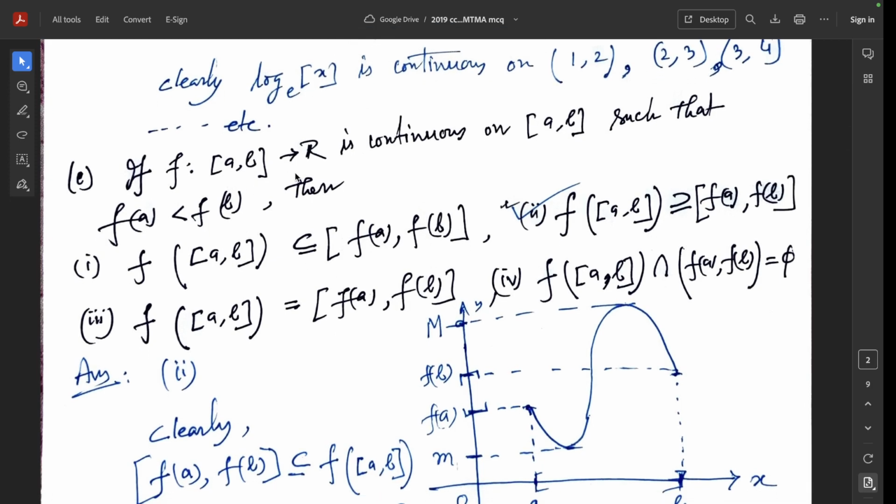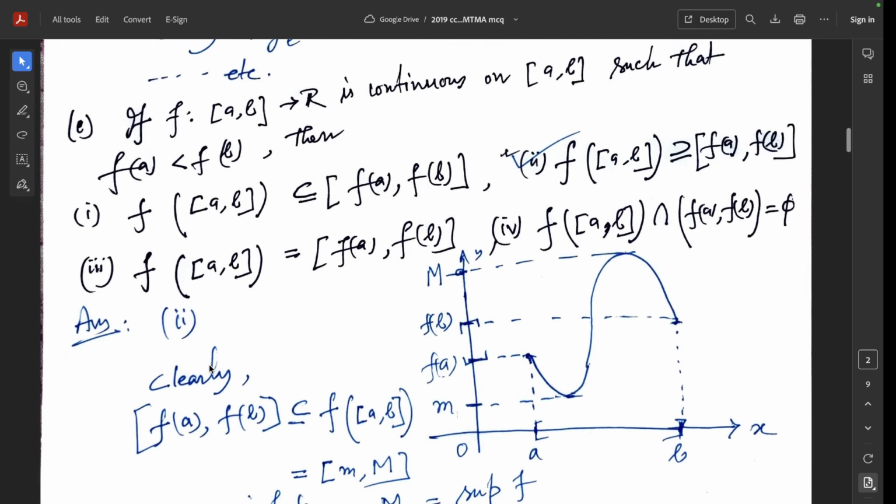Here f is a continuous function on the closed interval [a, b] to R. This is the graph of f(x). At point a the value is f(a), and at b the value is f(b), say.